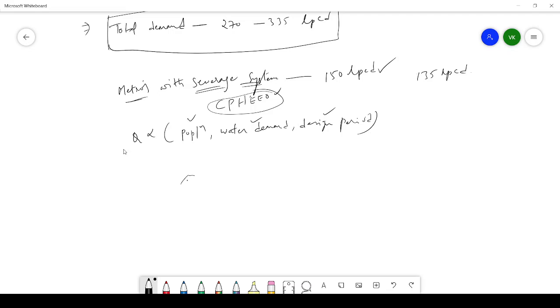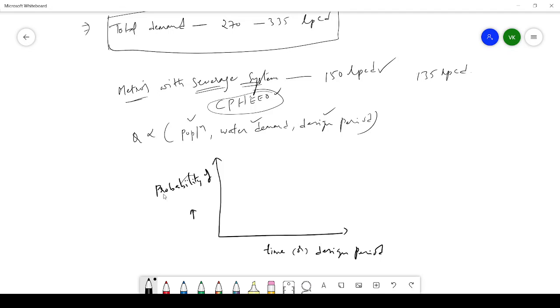The design period will be taken based on the probability of failure. If you take time on the x-axis and probability of failure of the system on the y-axis and draw a graph between these two, you're going to get a graph like this.